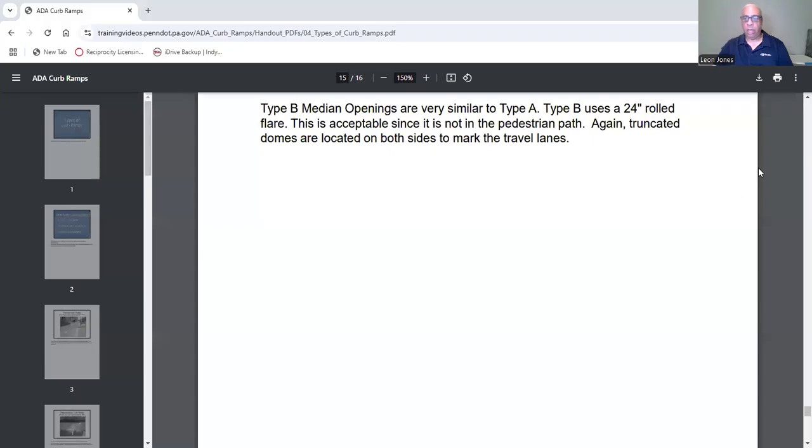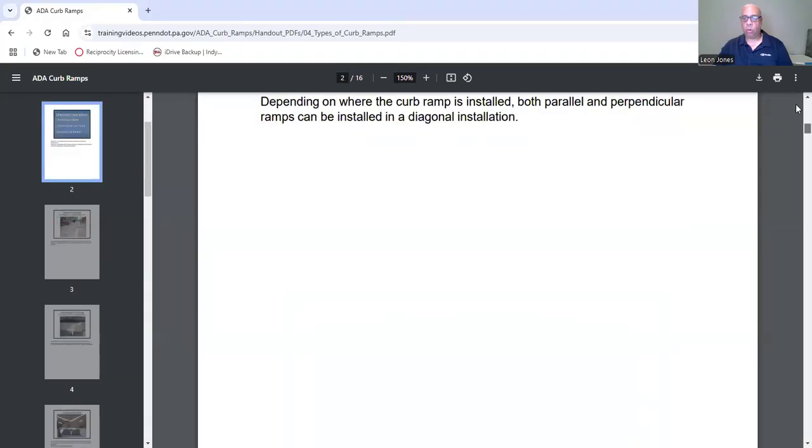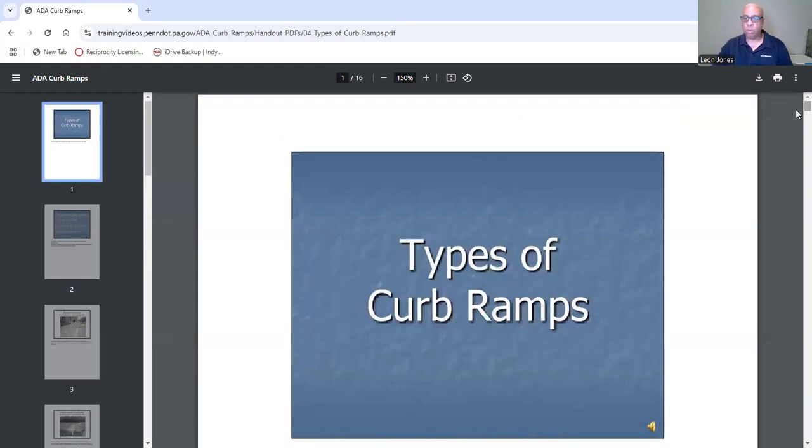This is actually from a former organization that I used to work for. It's PennDOT. But basically, when you're in road construction, every state might have a different way of getting to the same pinnacle. And that's making sure that all of the ADA ramps are in compliance.